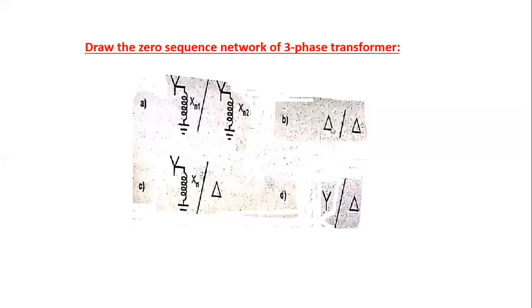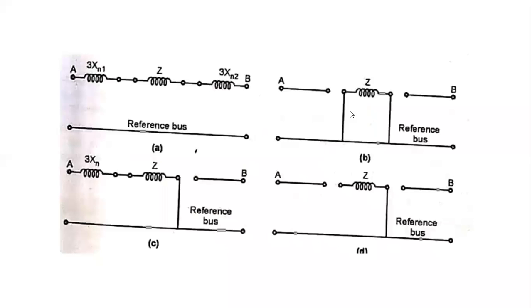Next, coming to the second diagram, that is the delta connection. Delta means there is a path between the reactance and the reference. In the primary side we have the delta connection, for that reason the diagram is like this, and in the secondary side we also have the delta connection. For that reason, the secondary also has a path between the impedance and the reference.